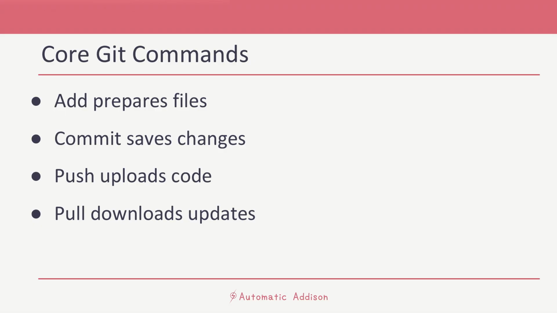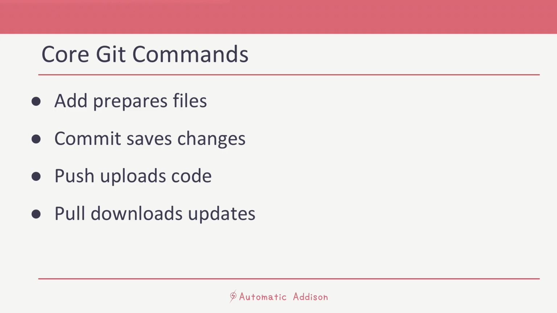So let's just do a quick review. Git add is what prepares files. That command picks up all your new code changes and gets them ready to be saved. It's like gathering up all your files into a neat pile. Git commit saves the changes on your computer with a message explaining what you did. It's like putting that pile of files into a labeled folder.